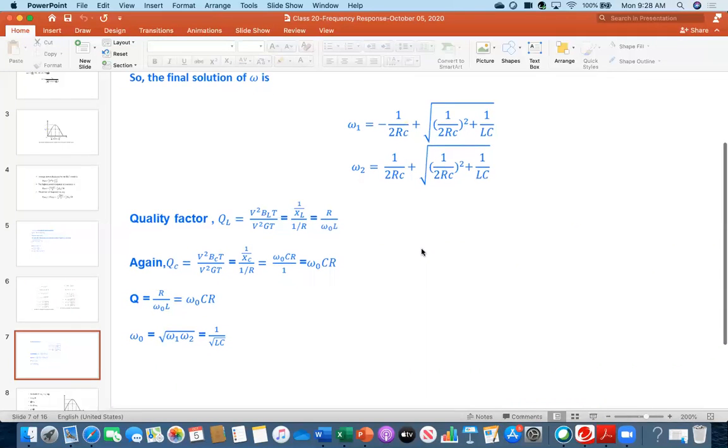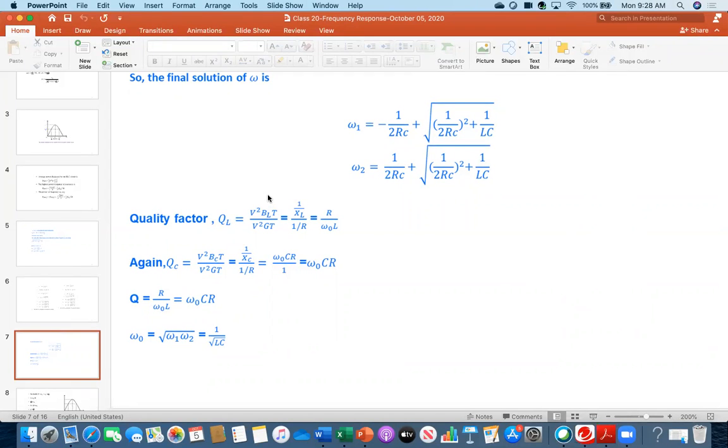Okay, so now you remember that last class we were discussing the quality factor with regard to series resonance. The same thing goes for the parallel resonance. The definition of quality factor was energy consumed by the reactive component, either inductor or capacitor, over the energy dissipated through the resistor. Because we are looking at the parallel circuit, what is the energy across the L?